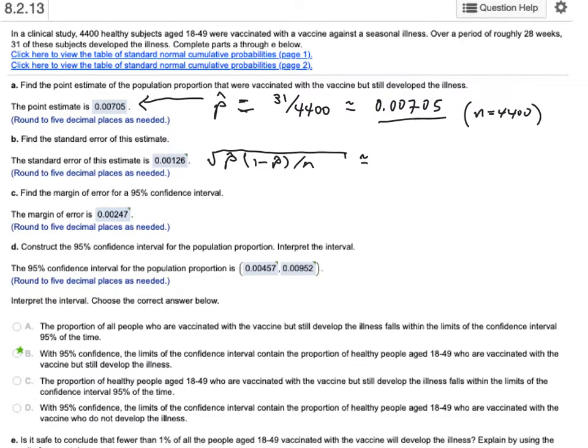And so I put those values in here, 0.00705 times 1 minus 0.00705 divided by 4,400. And then depending on the kind of calculator you have, you might put all of that in and then hit the square root button, or you might have a calculator that shows the square root every step along the way.